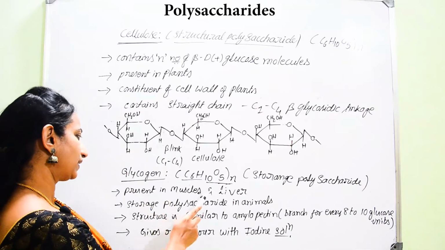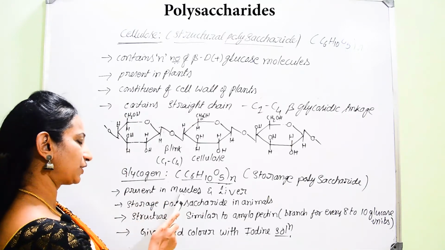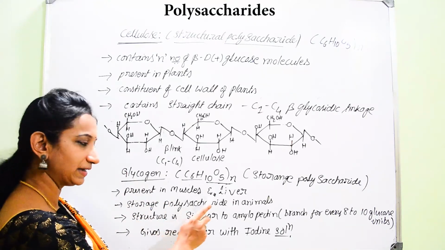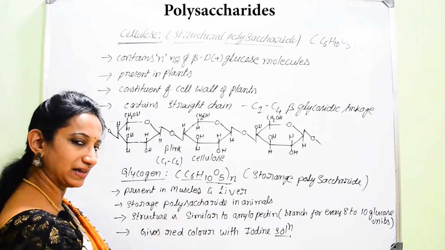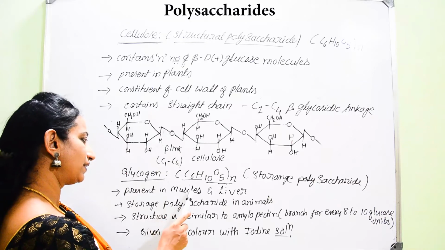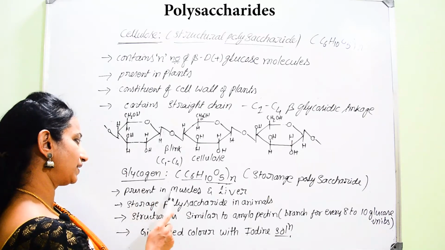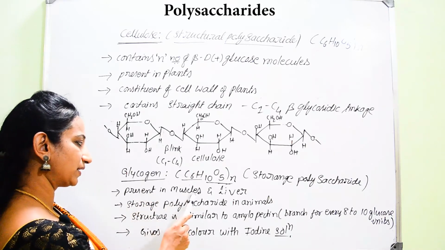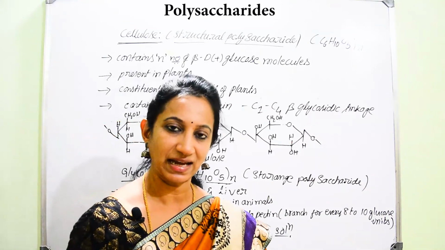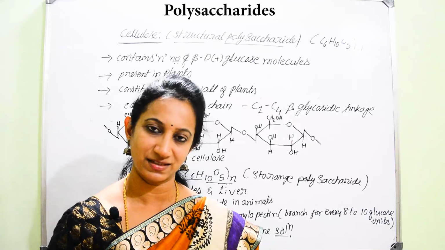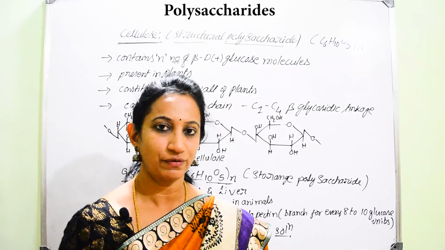Glycogen is present in the muscles and liver in our living system, that is, our biological system. Glycogen is stored either in muscles or in the liver. Whenever we need energy, when there is a lack of glucose in our bloodstream, we want glucose.